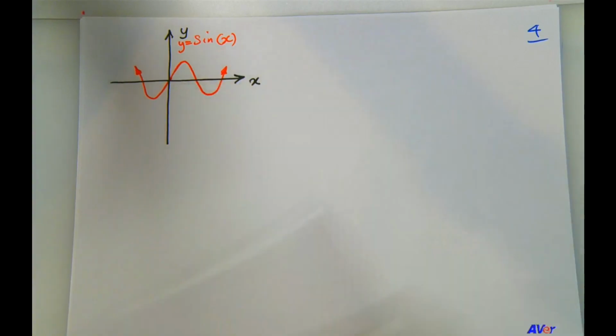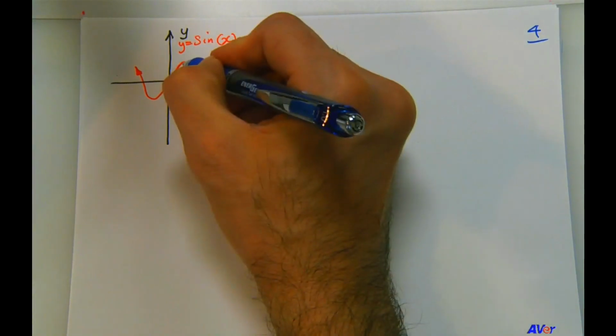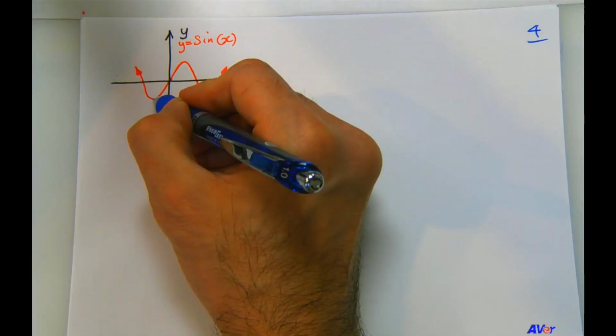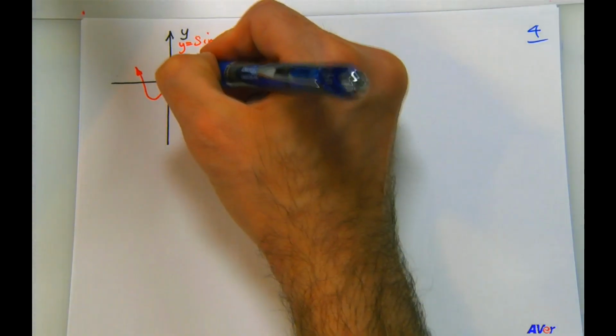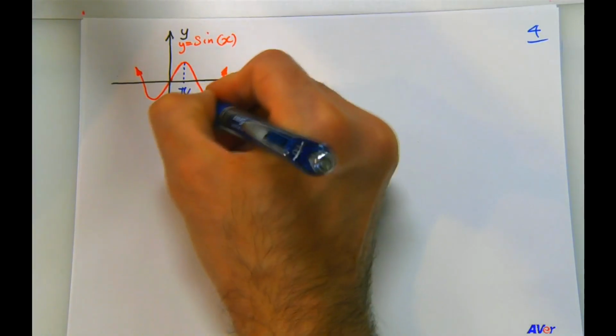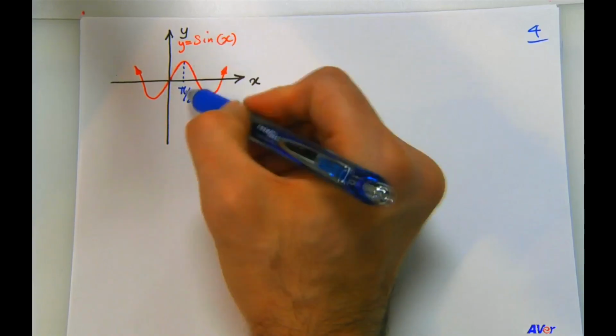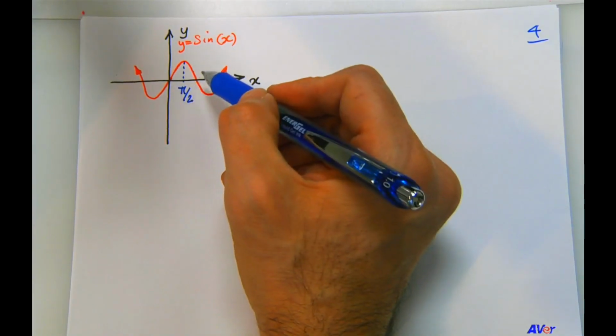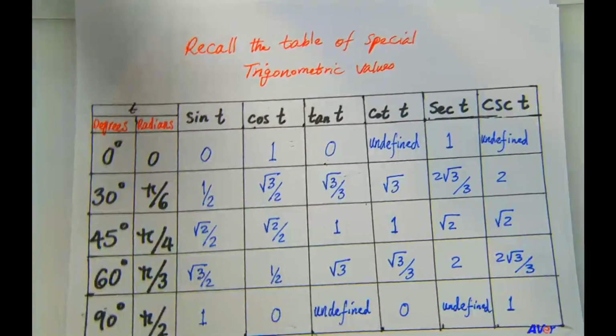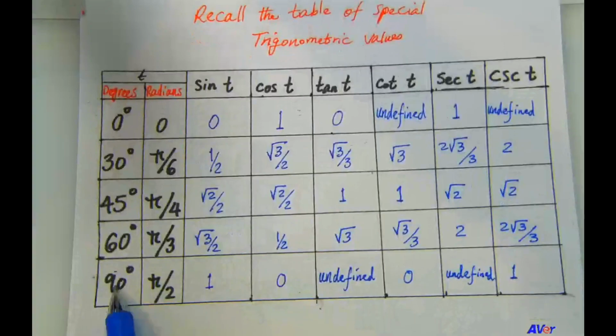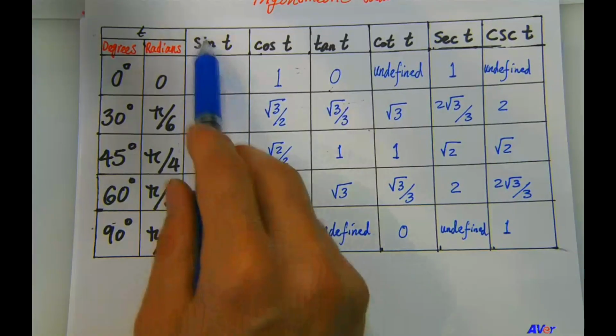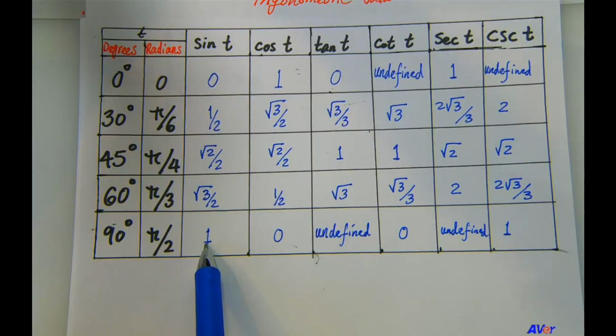So where can we restrict the domain? Well, if you look at this high point and this low point, right? So if we restrict the domain to pi over 2, at which sine of pi over 2, remember what that was? Do you all remember? Remember from this table of special trigonometric values? The sine of 90 degrees, or pi over 2, was how much? 1. Right? Sine of 90 degrees is 1.